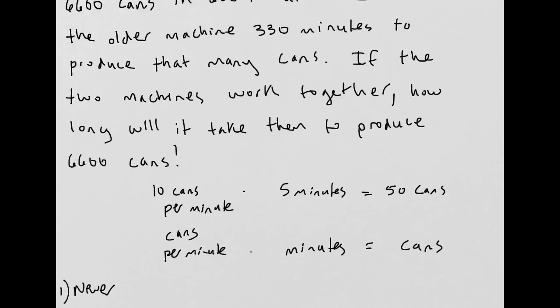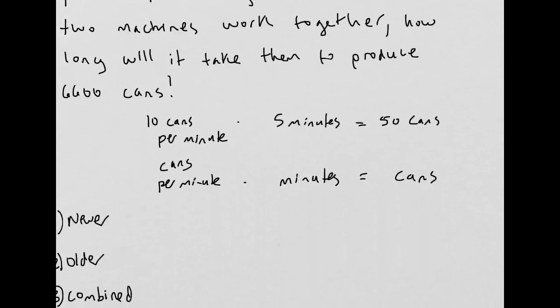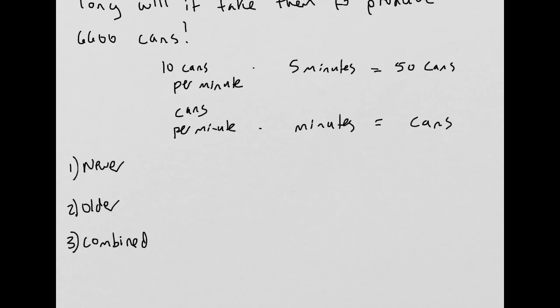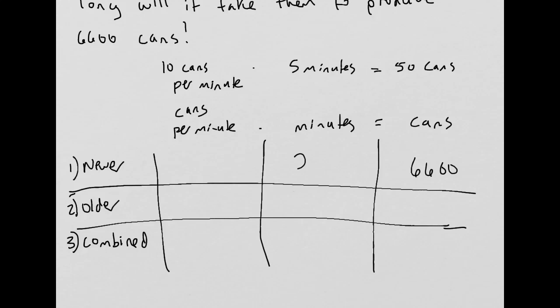So what do we know from the problem? Well, we know that the newer machine can produce 6,600 cans in 220 minutes. When I'm filling in the items in my table, I forgot to draw in the lines here, so I'm just going to draw on a table so that the cells are more clearly defined. So I know the newer machine can produce 6,600 cans in 220 minutes.